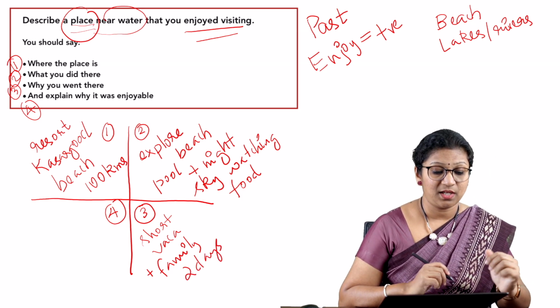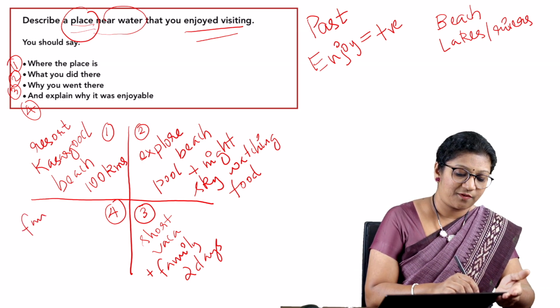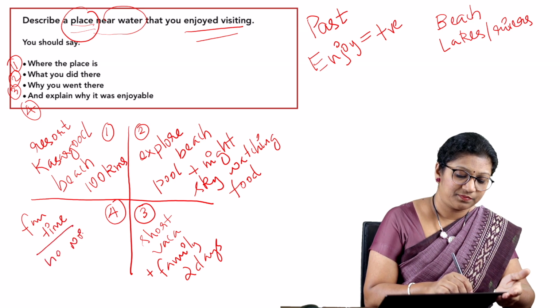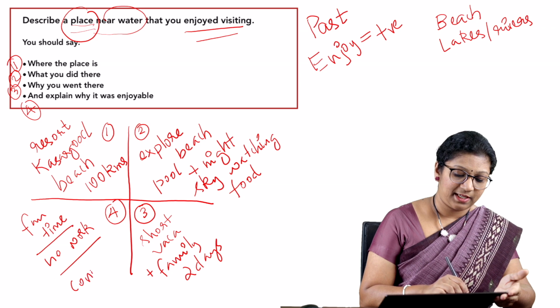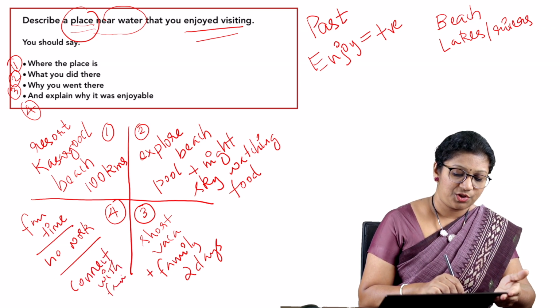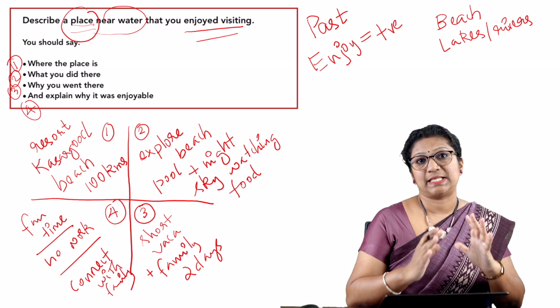And the last question, why it was enjoyable. So I write down some words, fun time, no work, connect with family, and so on. So this is how I will be preparing notes in that 1 minute's time.